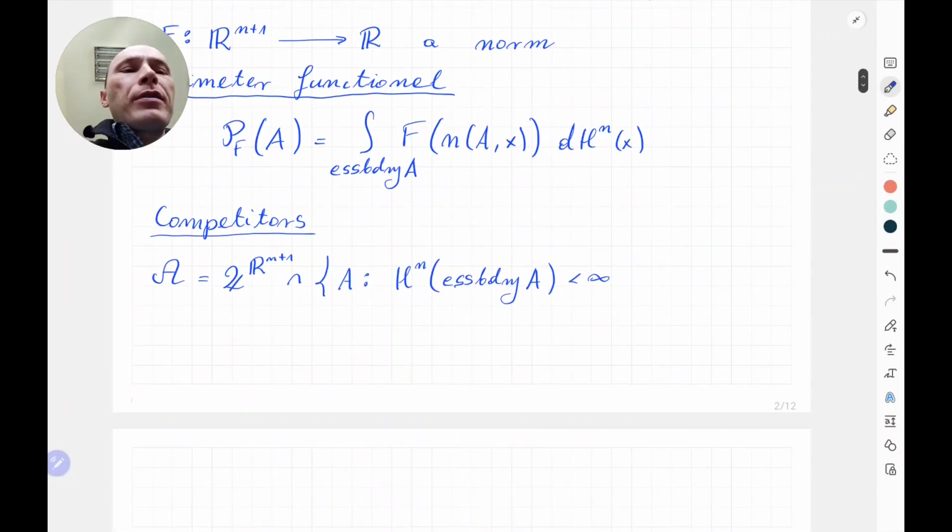In this class of competitors, we take only sets of globally finite perimeter and fixed volume, say, we can normalize it to be 1. So this is the class of competitors.